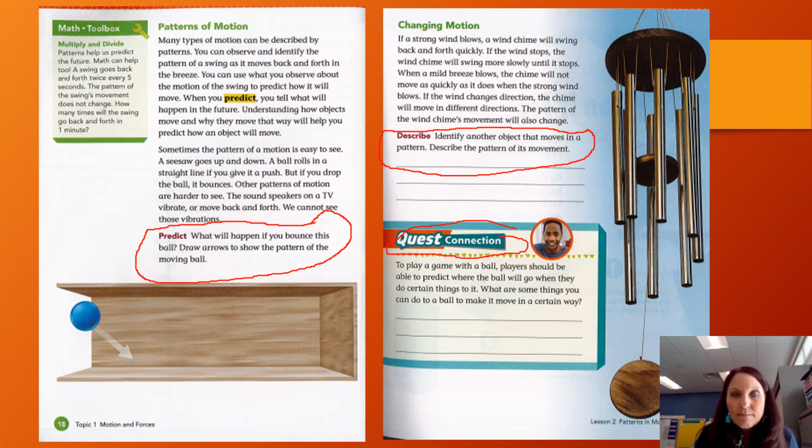To play a game with a ball, players should be able to predict where the ball will go when they do certain things to it. What are some things you can do to make it move in a certain way? So think about it. What is something that you can do to a ball to make it move in a certain way?